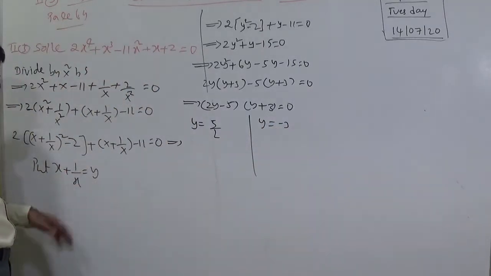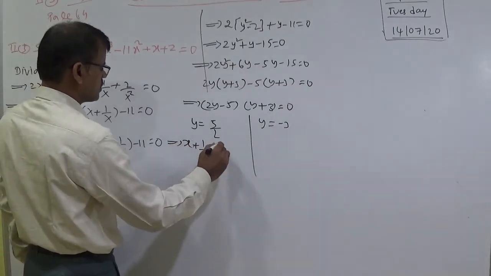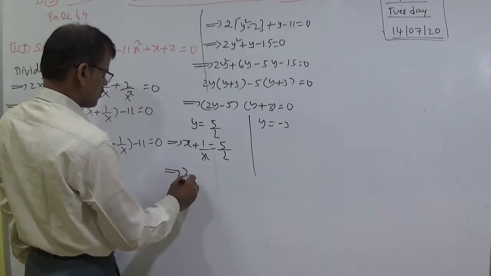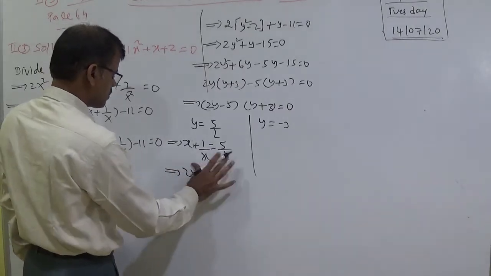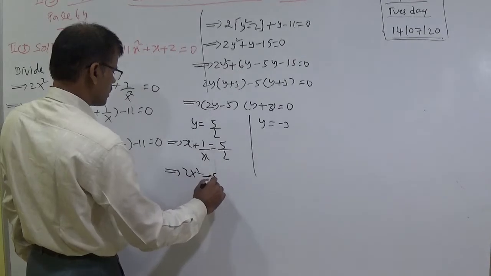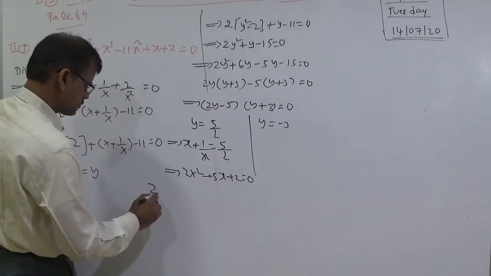What did we take as y? y is x plus 1 by x. x plus 1 by x equal to 5 by 2. You can write this as 2x square minus 5x plus 2 equal to 0.